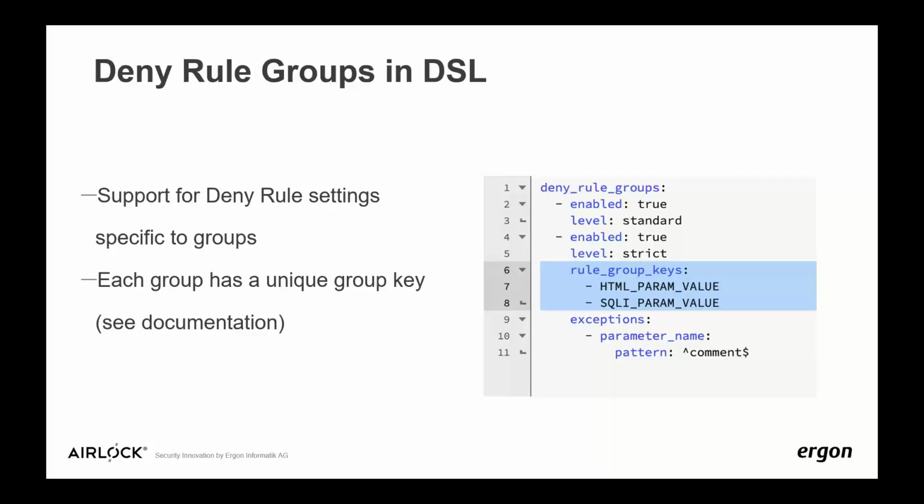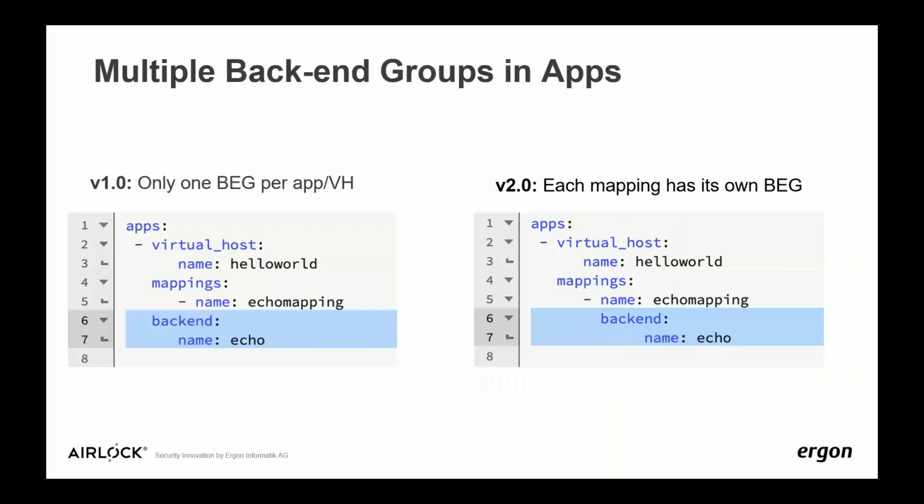And there's another big change in the DSL, where we now allow the backend group to be part of the mapping. Up to now, it was only possible to have a virtual host mapping and then a backend group or a backend.